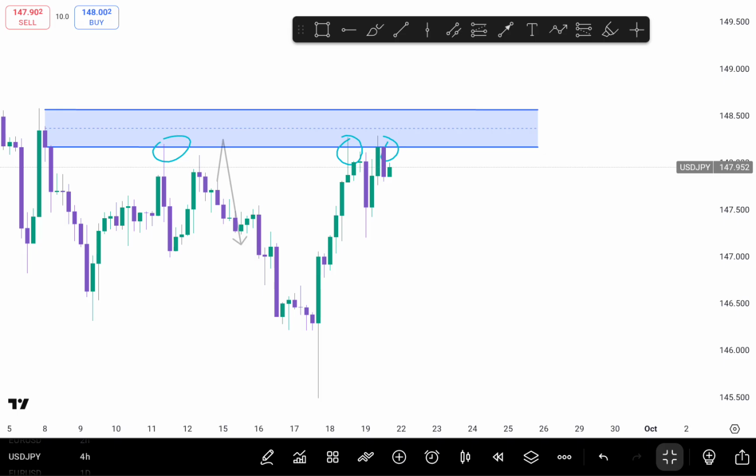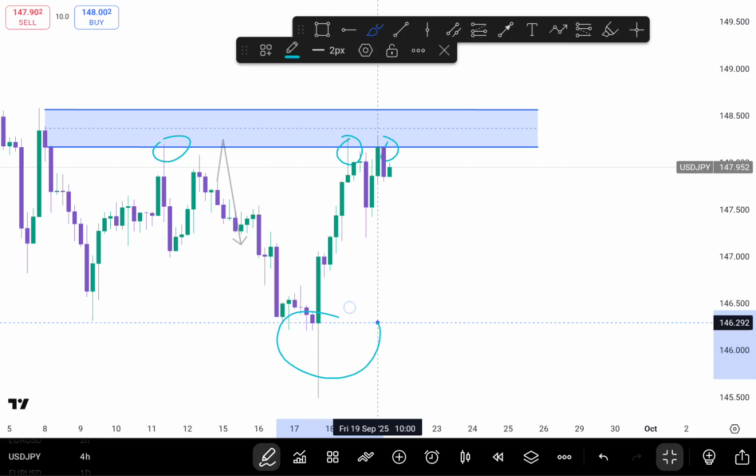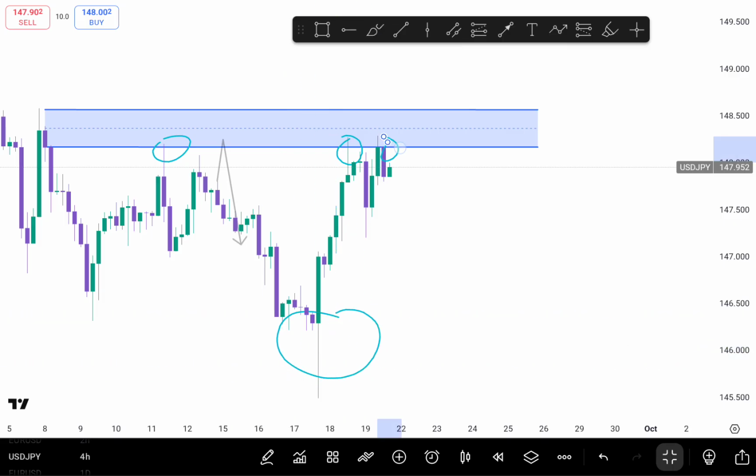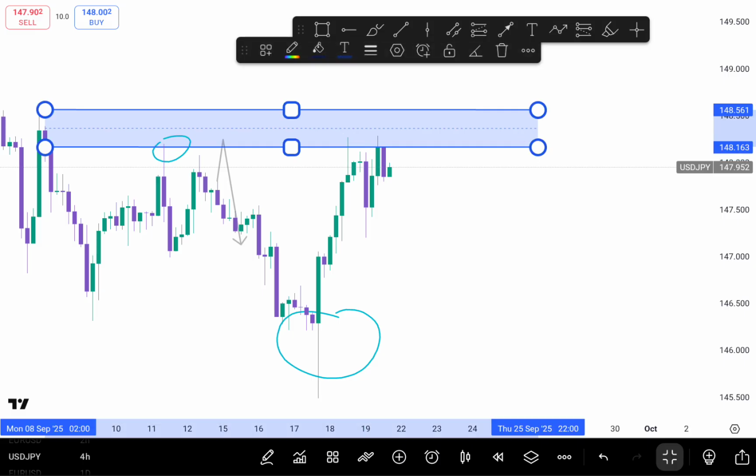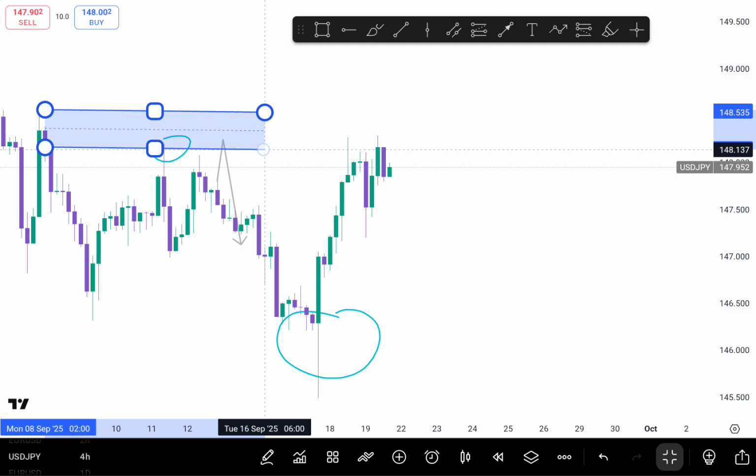Price is now in a bullish run. This candle here took out liquidity. So we could clearly see price has shifted the momentum. So we'll be looking to ride to the upside.